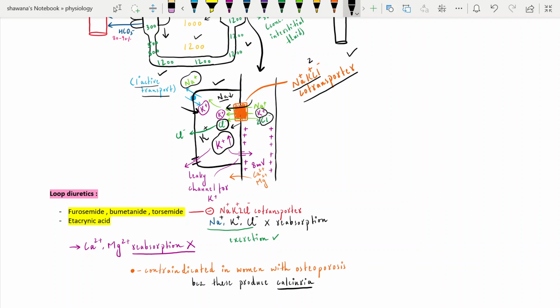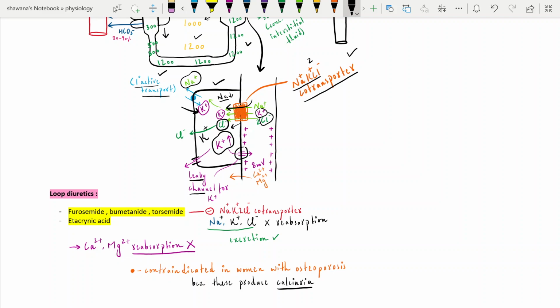So potassium is dangerously increasing inside the cell, and it needs a way to escape out of the cell. So what are the two ways that potassium can escape? First is the basolateral side through the leaky channels, right? And these leaky channels are not only present on the basolateral side of the cell, but are also present on the luminal side of the cell.